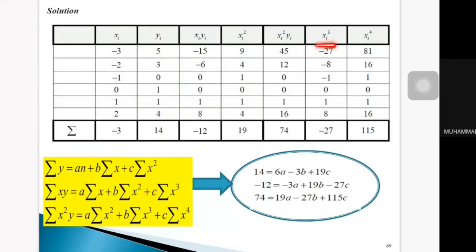And then xi cube, x power of 3, negative 3 power of 3, you get negative 27.